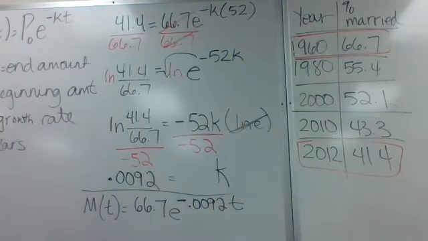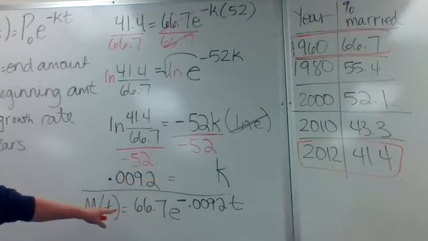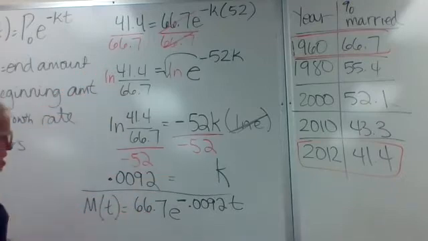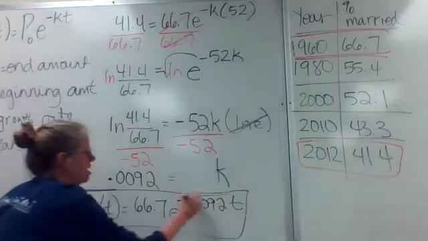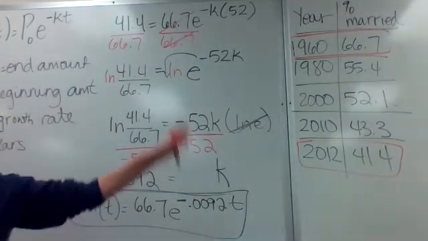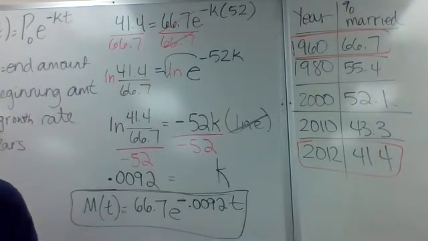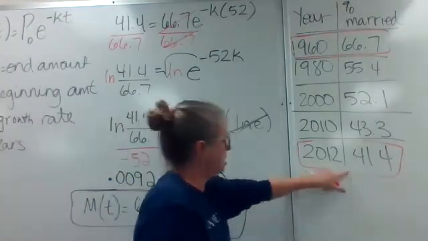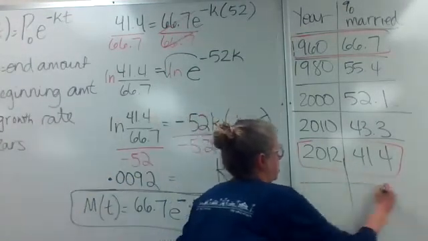So that's the second part. Now this is the formula that I can use to predict further along in this chart the percentage of adults that are going to be married.